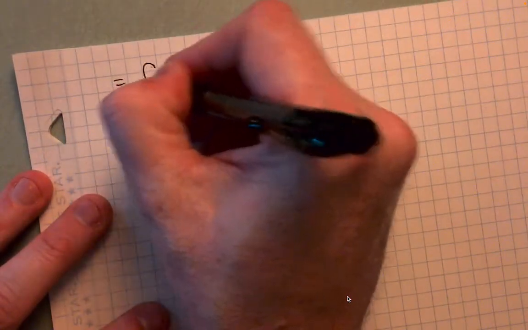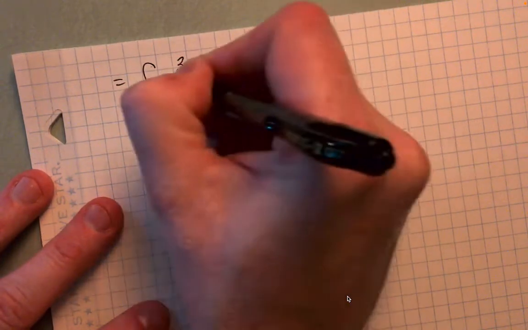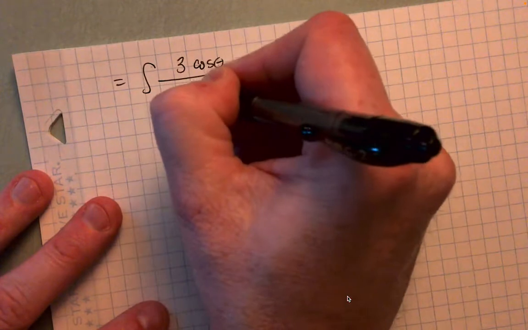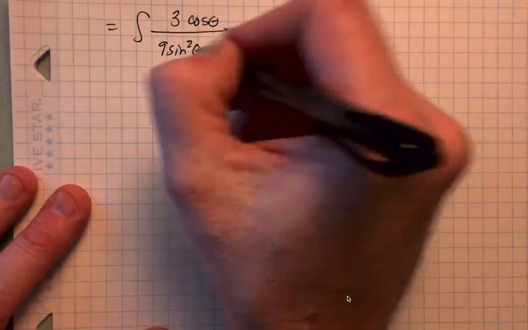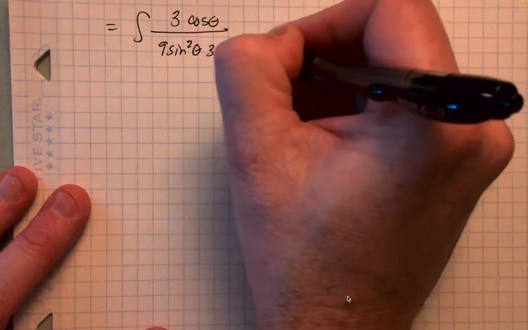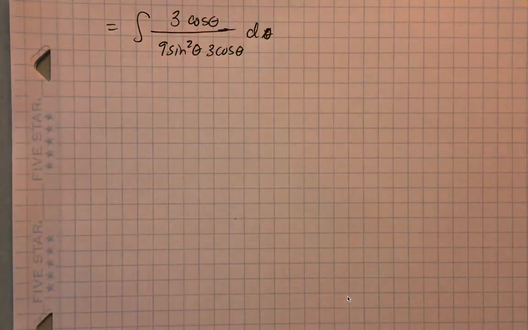All right, so we've got 3 cos theta on the top, and we've got 9 sine squared theta times 3 cos theta on the bottom. Okay. All right, now can we integrate this?